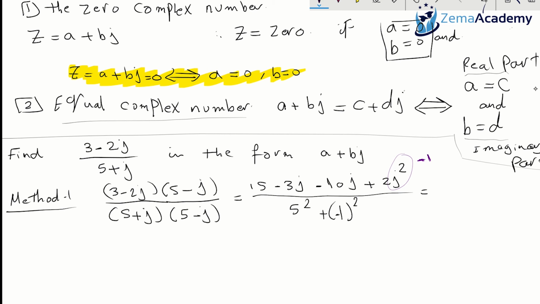Agree? So you will have minus 1 times 2, it's minus 2, plus 15 is 13. Now minus 3j minus 10j is minus 13j, over 5 squared, 25, plus 1 squared is 1, is 26. Or 1 over 2 minus 1 over 2j.